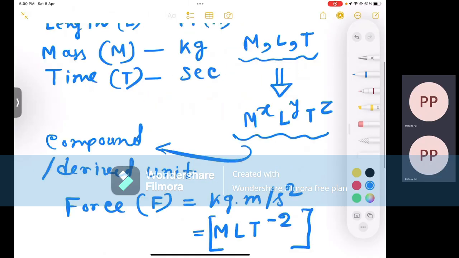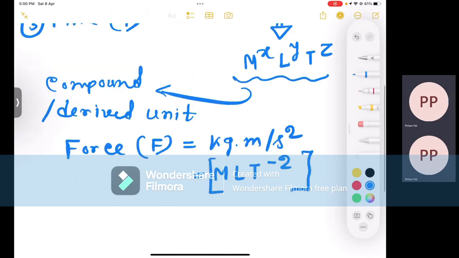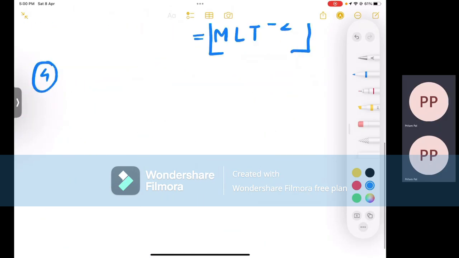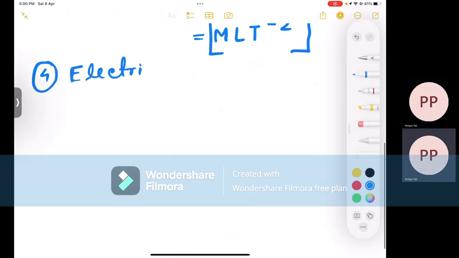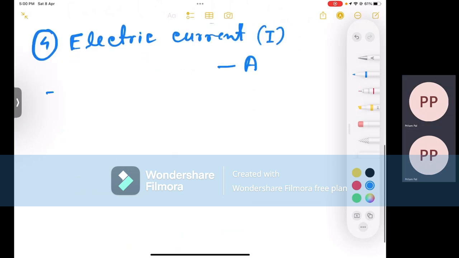This is the first one, this is the second one, this is the third one, and the fourth one is electric current. Its unit is ampere. Okay.